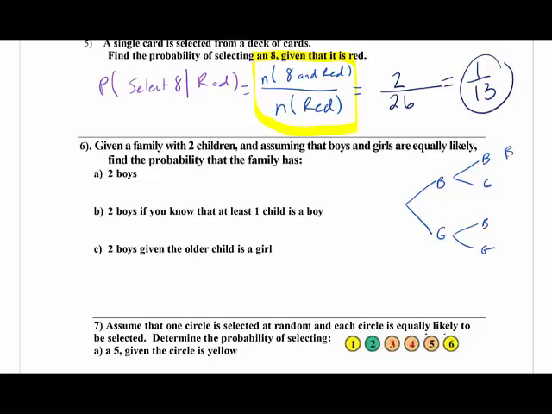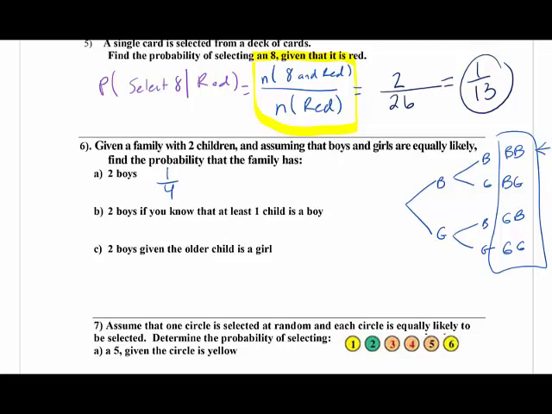So my sample space would be boy-boy, boy-girl, girl-boy, girl-girl. That's my sample space. Since I didn't put any restrictions on this, I have 4 total possibilities. And how many of them are both boys? I should have 1.